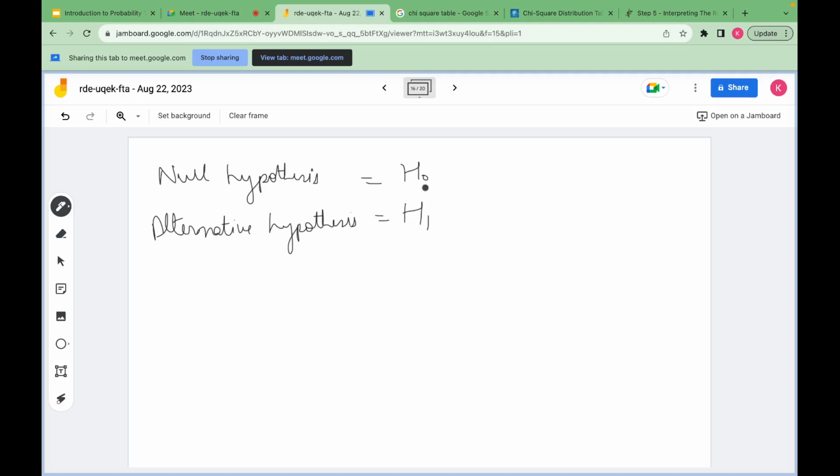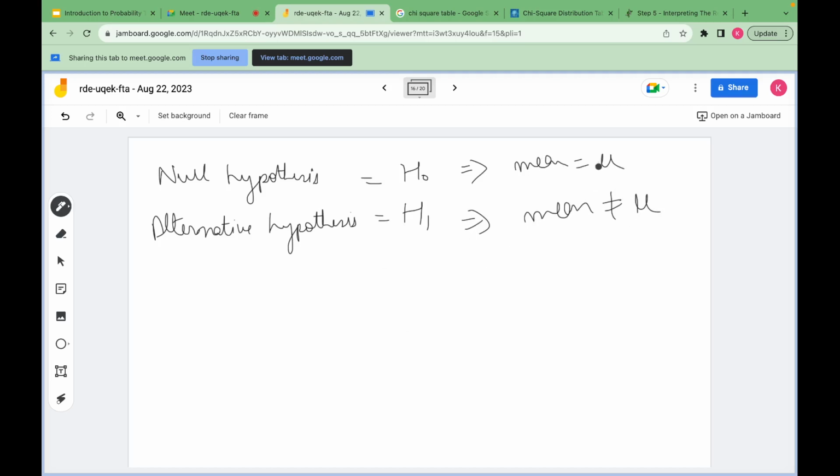Null hypothesis means that for a given population we assume that the mean of the population is some mu. That will be the null hypothesis. The alternative hypothesis will be that the mean is not mu.